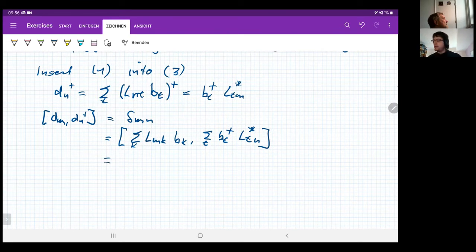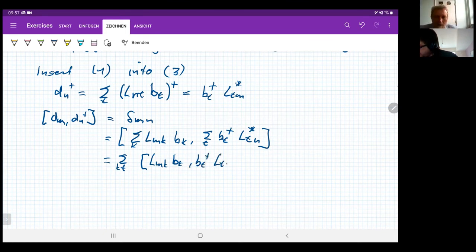Now what we do is we pull out the sum. So we have here the double sum. Now we have only M_K, B_K, B_T dagger, L_TN complex conjugate.